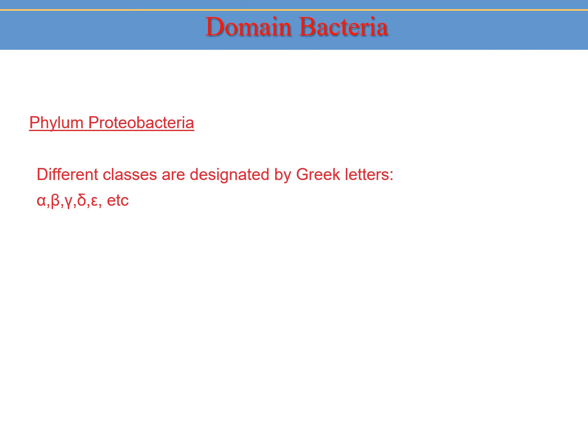Okay, there are several different phyla in this domain of bacteria. The different classes within this particular phylum, the proteobacteria, are designated by Greek letters. And on the following slides, I'll show alpha class, beta, gamma, delta, epsilon. All those letters are here for those of you who don't know it.